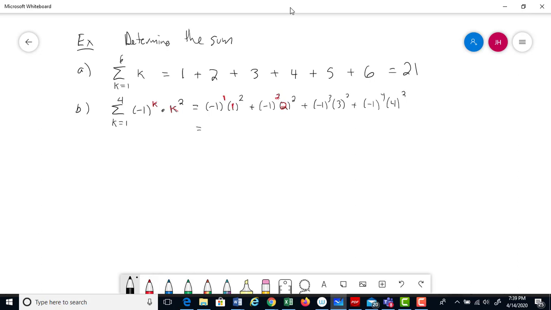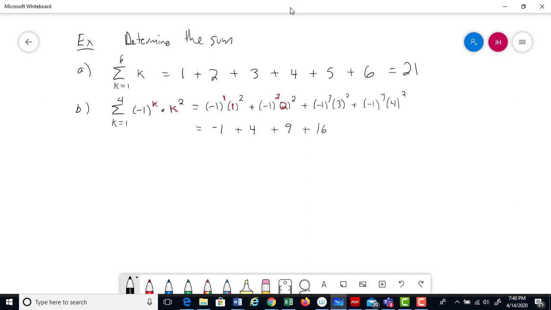So when we get this, minus 1 to the 1 is negative 1, so negative 1 times 1 squared is negative 1. Now negative 1 to an even power is just going to be positive 1, so this is 1 times 2 squared, which is 4, so plus 4. Negative 1 cubed is going to be negative 1, so this is minus 9. And negative 1 to the 4th is positive 1, plus 16.